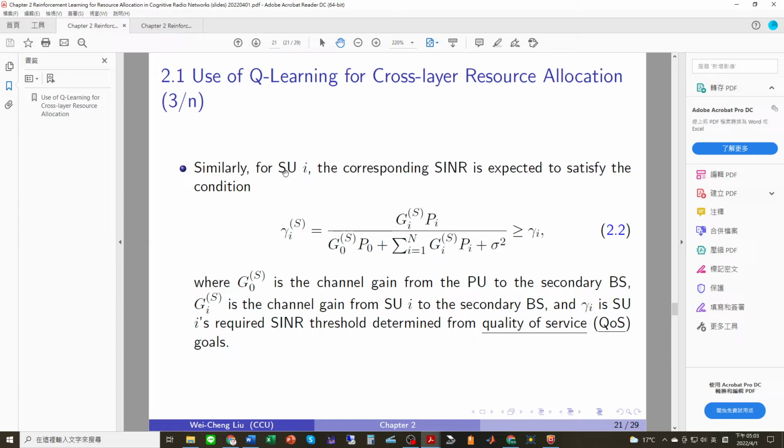Similarly, for secondary user I, the corresponding SINR is expected to satisfy the condition. Gamma IS is equal to GIS times PI. GIS is the channel gain from secondary user I to the secondary base station. Let us go back to figure 2.1 and see again.